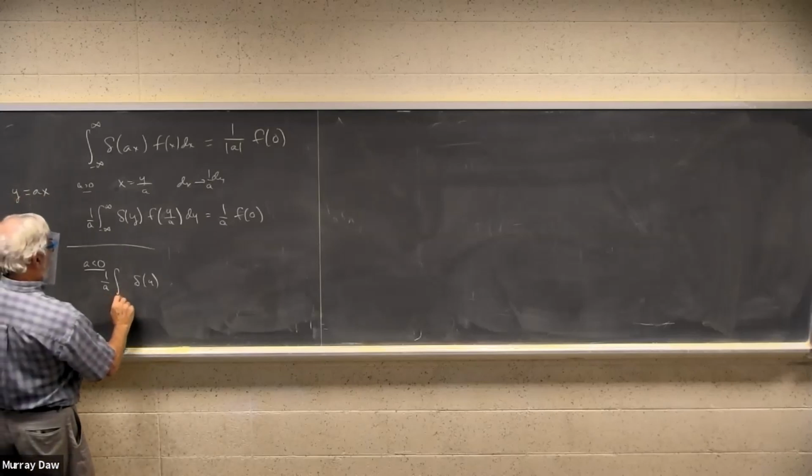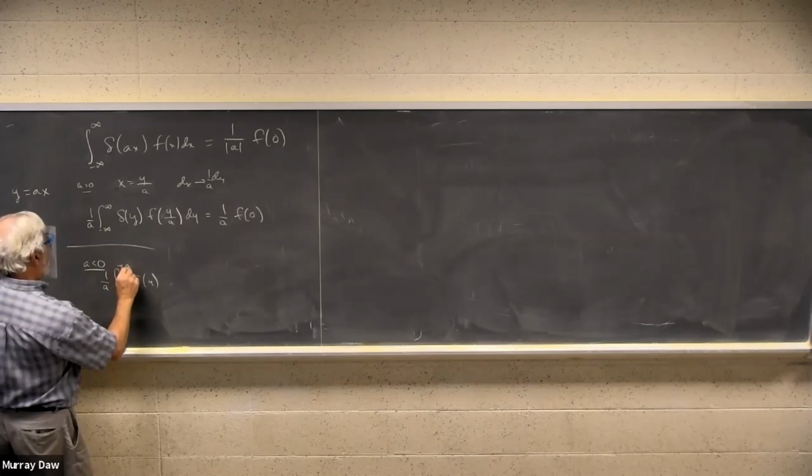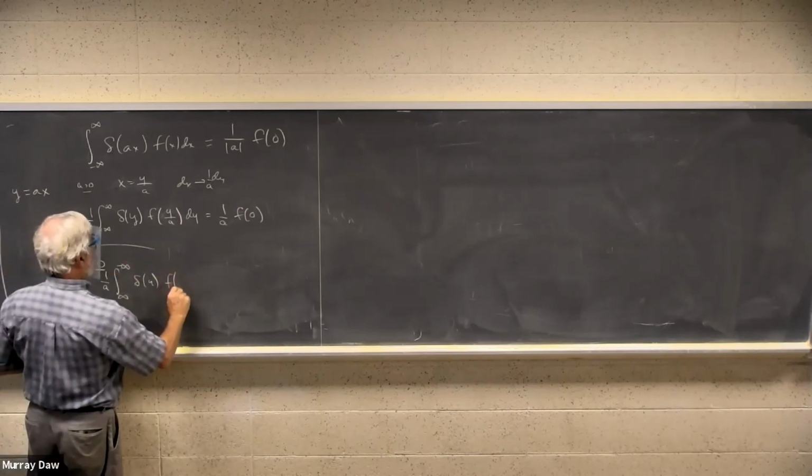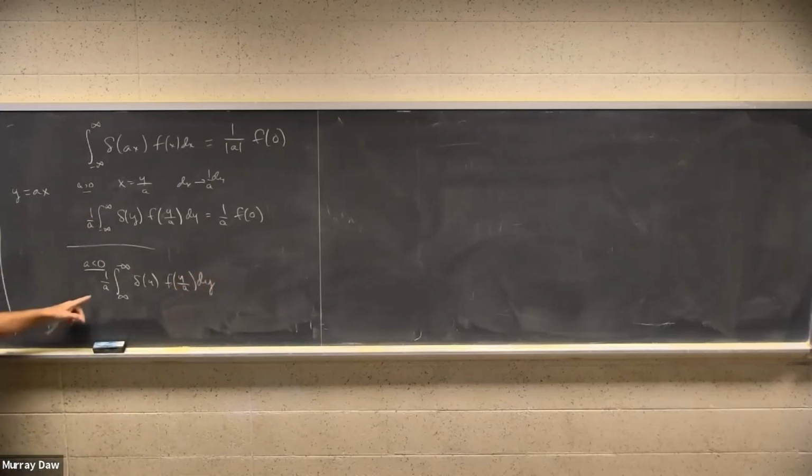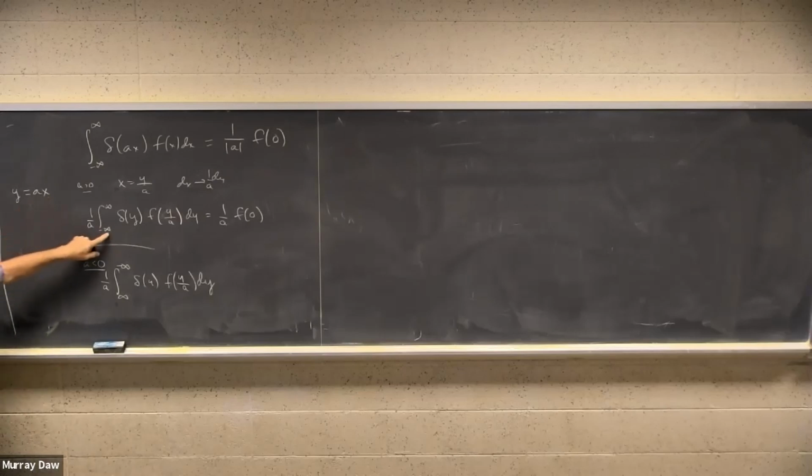So the limits of integration have switched. If a is negative, then this lower limit for x of negative infinity corresponds to positive infinity for y. So when you change the variable, you also have to change the limits. These are the limits for y. You see that?